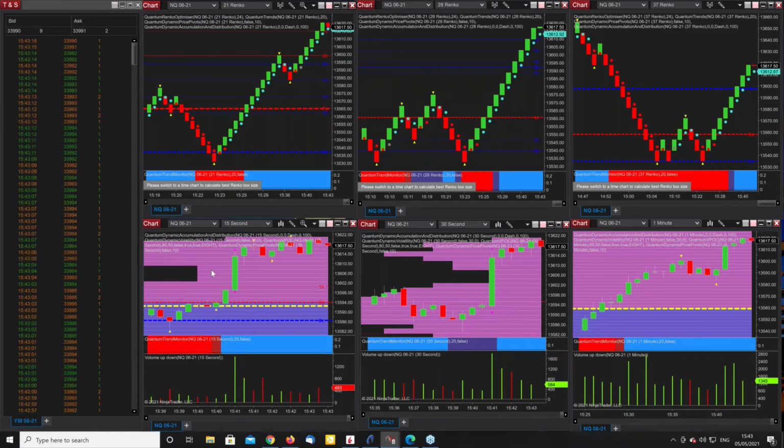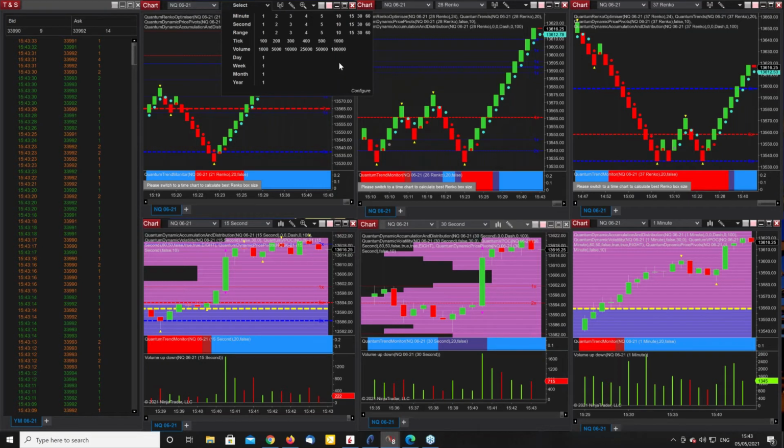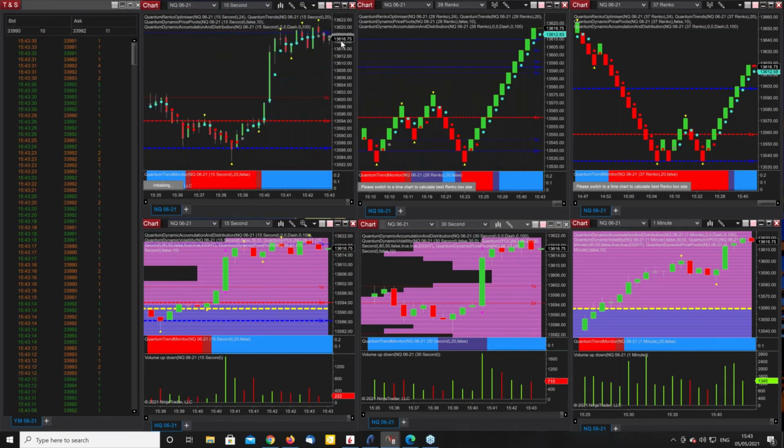So I've got the 15-second, we're on the NQ now, the 30-second, and the 1 minute, which means I've got my VPA analysis below. I've got everything I need here in terms of volume, but I'm trading on a non-time-based chart above. All I have to do is go into the 15-second, click on that, wait for it to load up, and that will deliver the optimal setting for me.